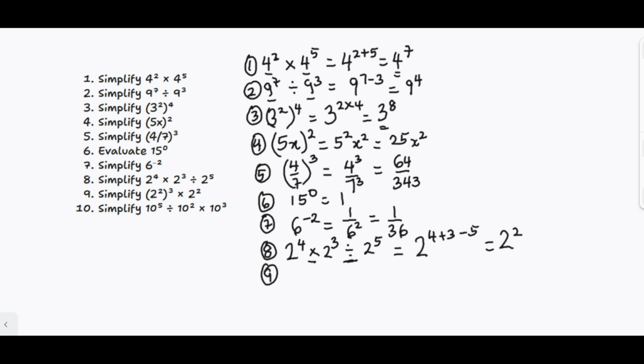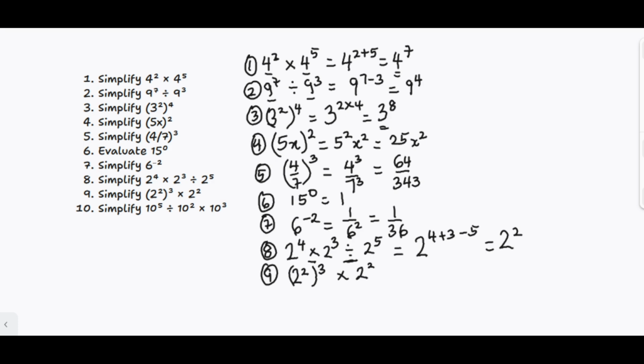Then we have question 9. Simplify 2 raised to power 2 in brackets raised to power 3 times 2 raised to power 2. So two laws are involved. We have a base raised to a power, raised to another power. Then we have the product rule, which is times 2 raised to power 2.